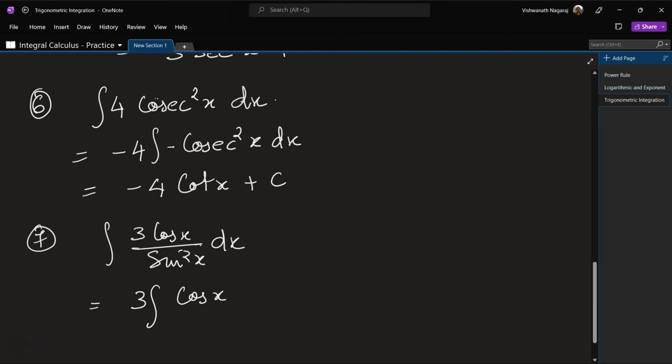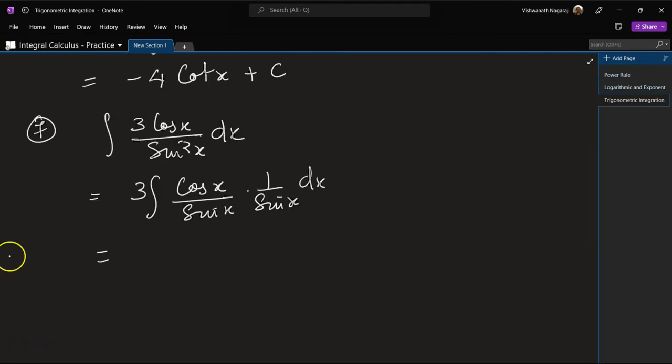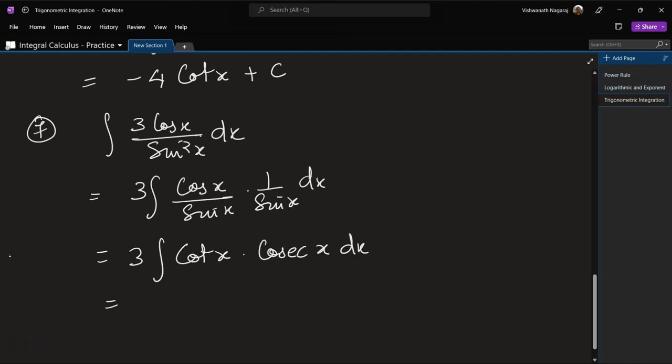So we write it as cos x by sine x times 1 by sine x dx, which means this is nothing but cot x times cosec x dx. And we have already seen that this is nothing but minus cosec x. So we can write it as minus 3 cosec x plus c.